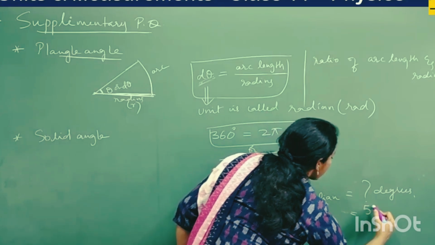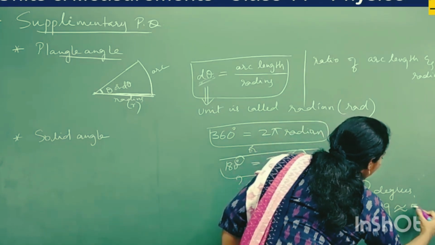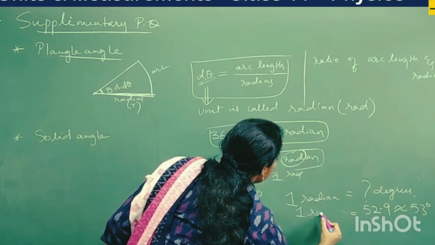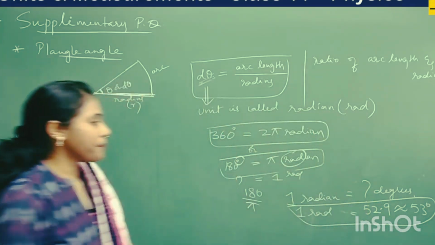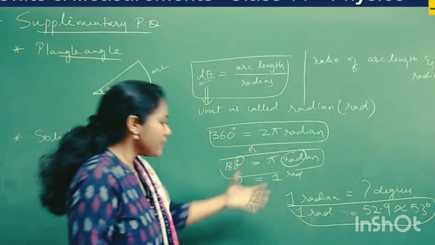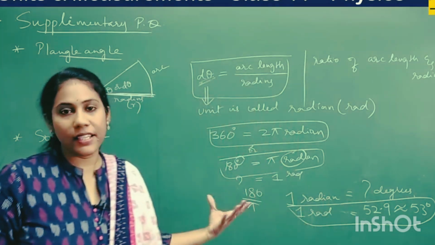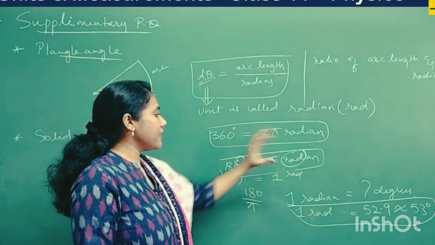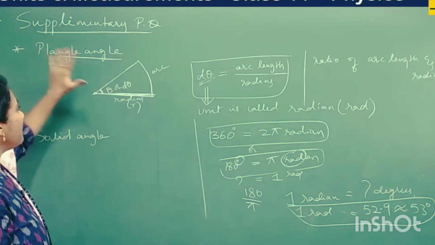It will be approximately 52.9, or you can just write 53 degrees. So 1 radian is equal to these many degrees. Clear? This radian to degree conversion is quite important in certain concepts. So you must know the relationship between degrees and radians. So that's all about your plane angle.